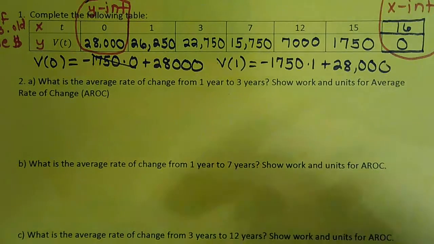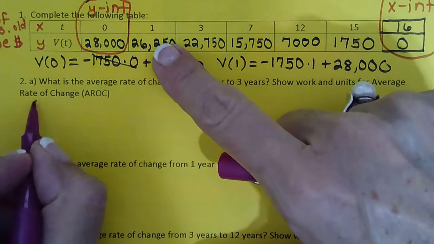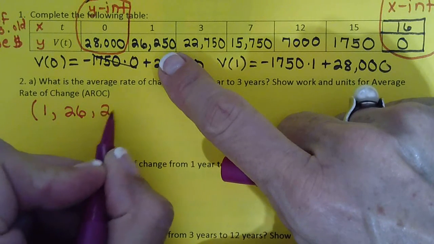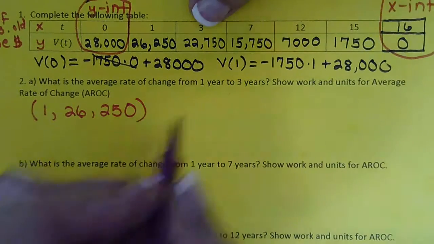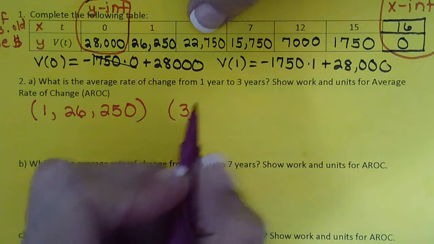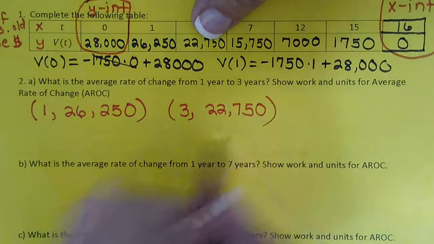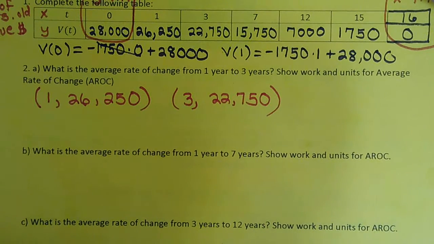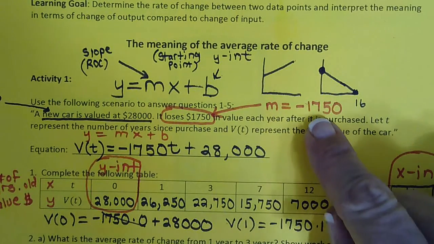Find the slope from year 1 to year 3. So year 1 has this point, 26,250. And year 3 is 22,750. Do you have an idea what the rate of change is before we even find it? Didn't we label this a slope?